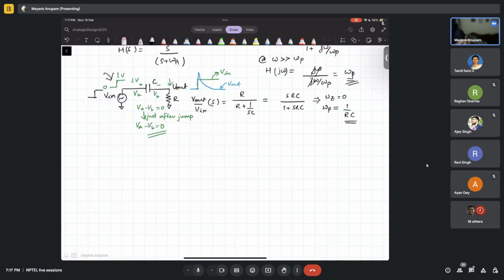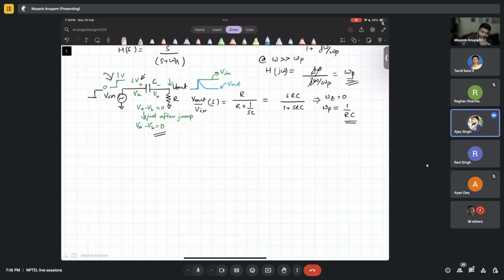So if it is still 0, here it is 1 volt, so this also should become 1 volt, right? So that is why it will first jump like this here, and then after that it will slowly start deteriorating. And can you tell me why will it start going down?